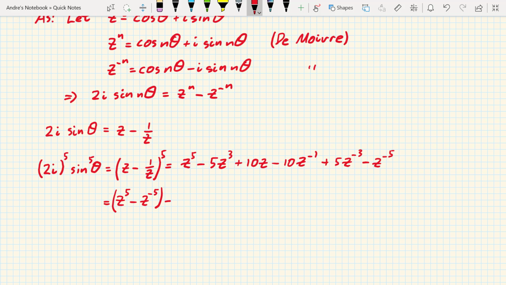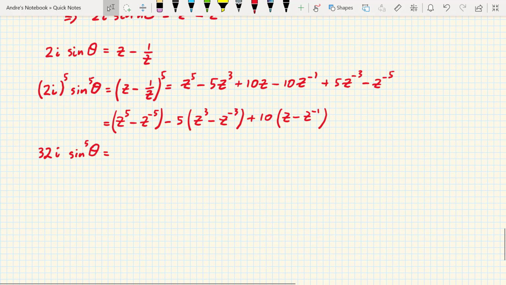We then collect terms involving z to the 5 and z to the minus 5 and so on together. Well, of course, z to the 5 minus z to the minus 5 is 2i sine 5 theta. Similarly, z cubed minus z to the minus 3 is 2i sine 3 theta, and so on.